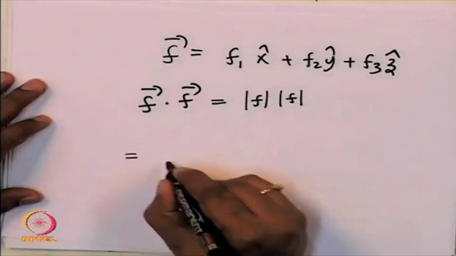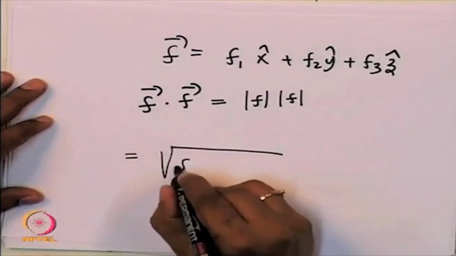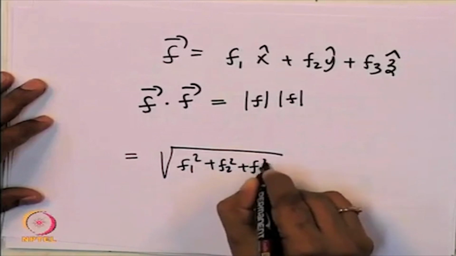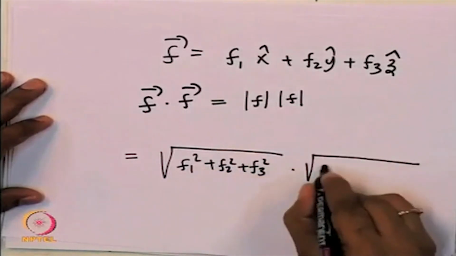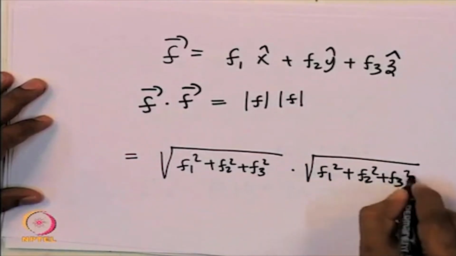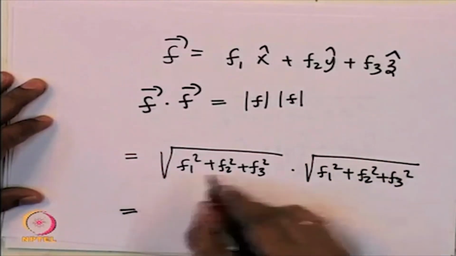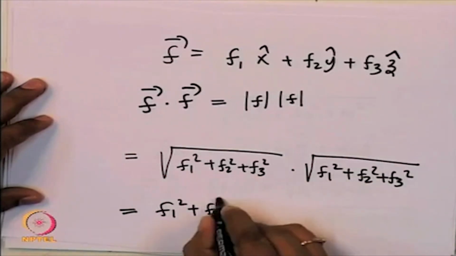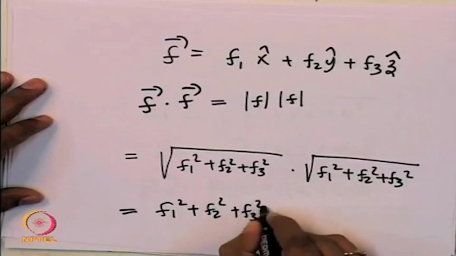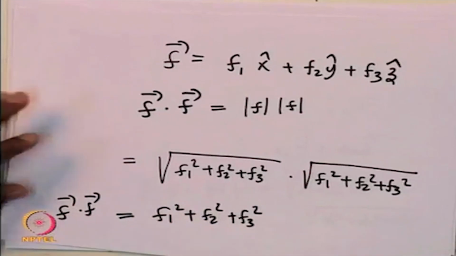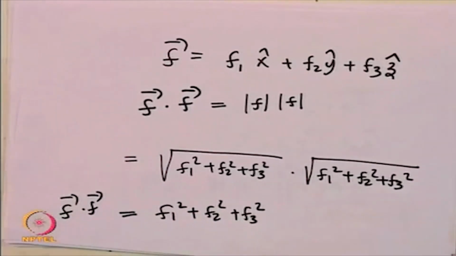Now what is mod f? Mod f is root of f 1 square plus f 2 square plus f 3 square, times the same thing. The square root and square root go away, and you will get f 1 square plus f 2 square plus f 3 square. So f dot f is f 1 square plus f 2 square plus f 3 square.